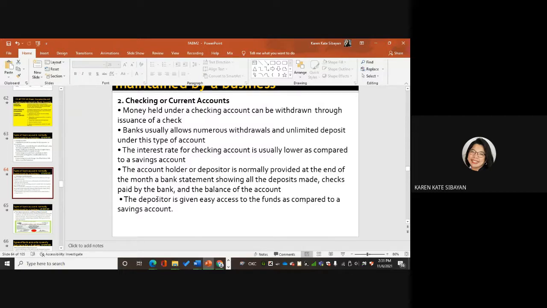The account holder depositor is normally provided at the end of the month a bank statement showing all deposits, checks paid by the bank and the balance of the account. The depositor is given easy access to the funds as compared to a savings account.